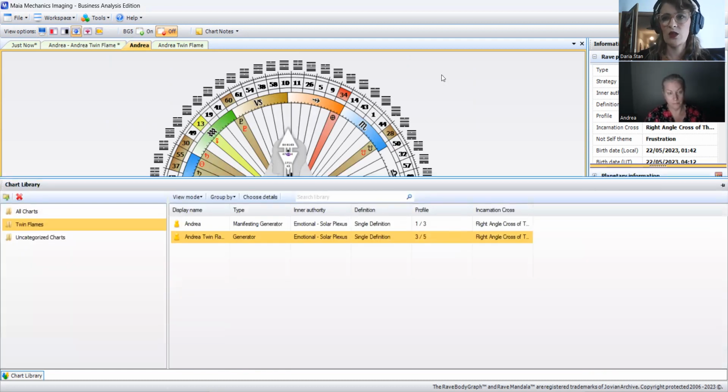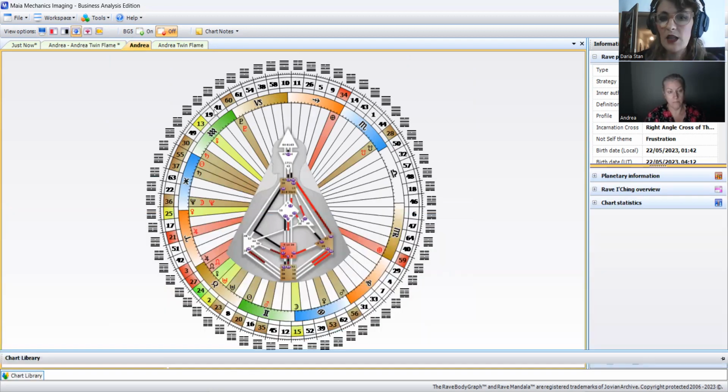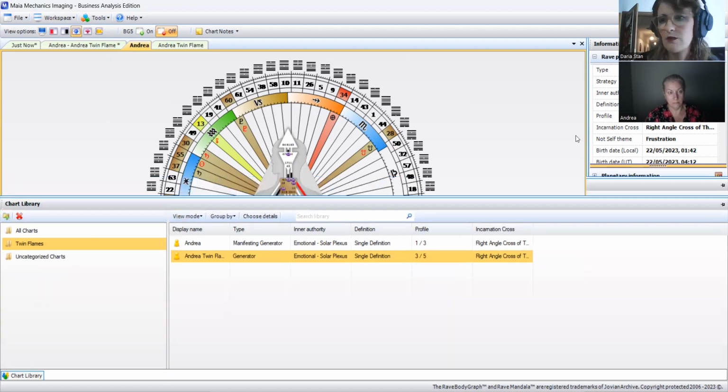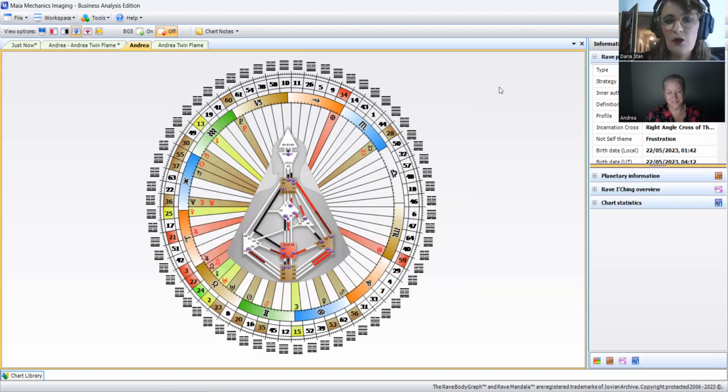This is what we use in human design as we consider it. This is the Rave wheel. And if you see, this is the zodiac parts. Yes.